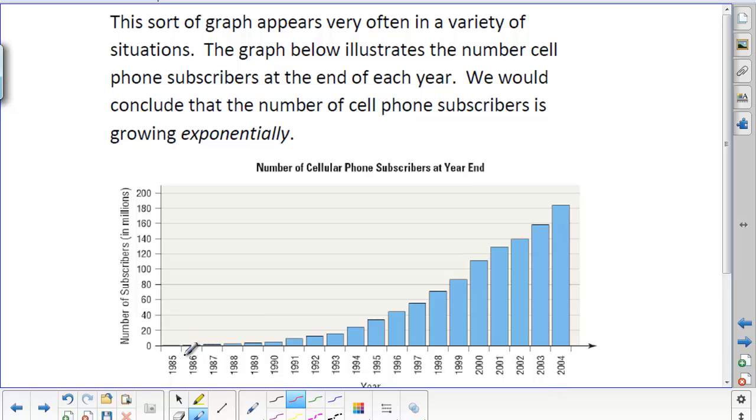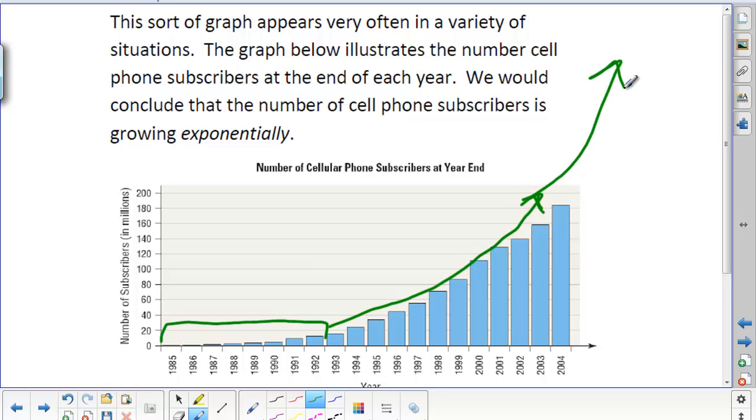It starts out small, not much growth in this region, but eventually it picks up steam, and there's an updated graphic in your book of this, and it really continues to pick up from there. And so exponential growth, you see it in population growth and a lot of different places.